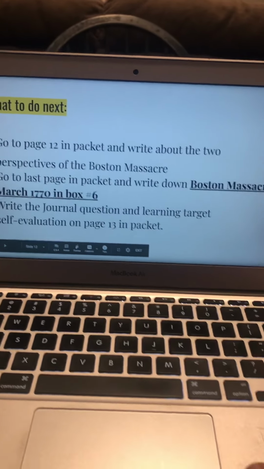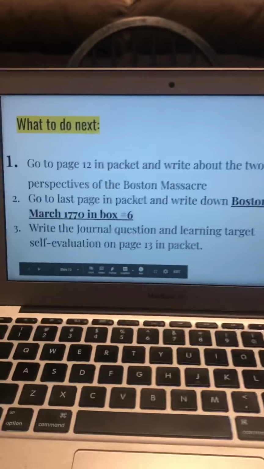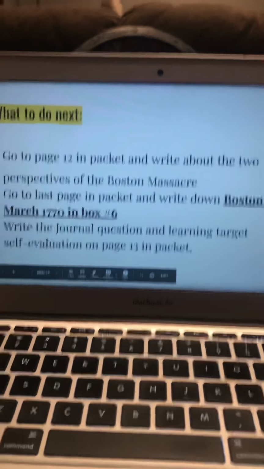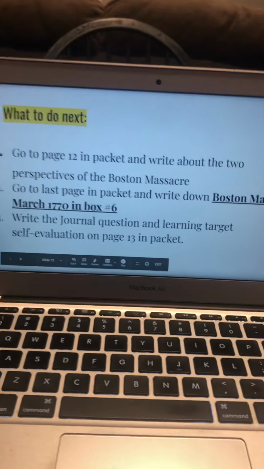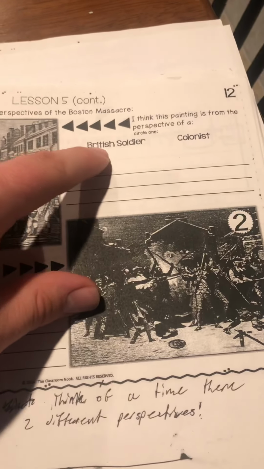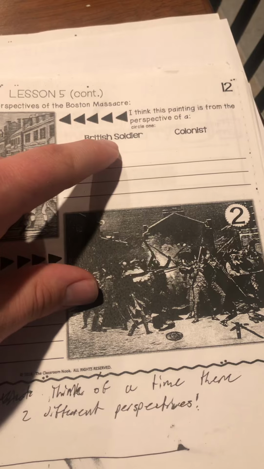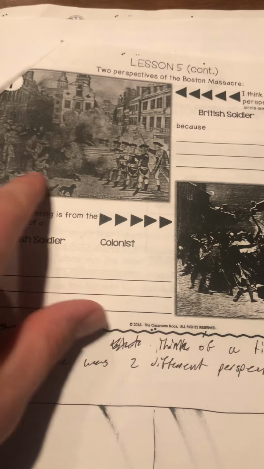Next, this is key. Go to page 12 in your packet after you get this perspectives down. And I want you to do this right here. So the two perspectives. I think this painting is from the perspective of a blank in circle 1. Originally, I think it would be the colonist perspective, right?